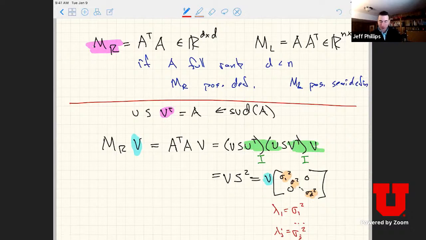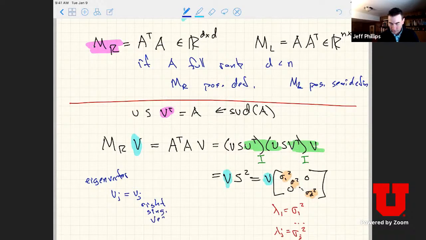Okay, and the right singular vectors, right? These right singular vectors, the Vj equals Vj. This one I think of as the eigenvector, and this is the right singular vector.